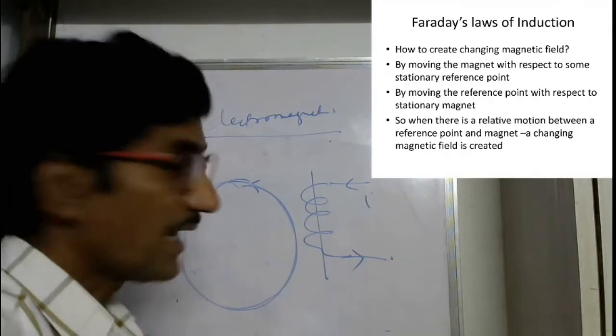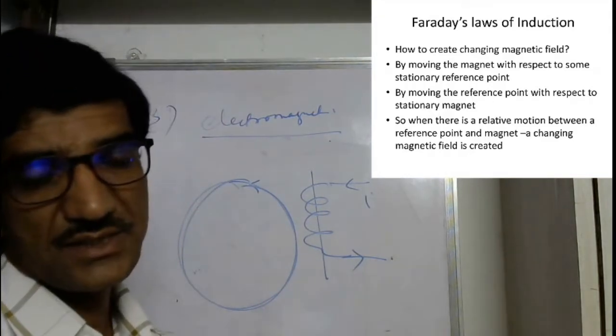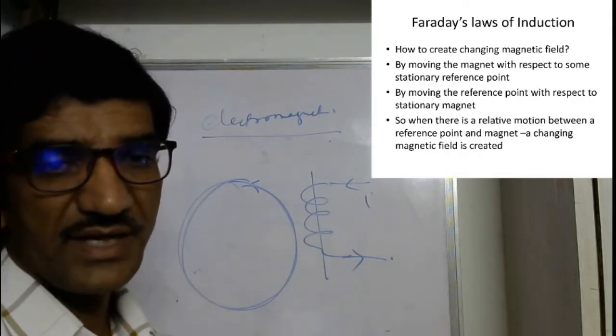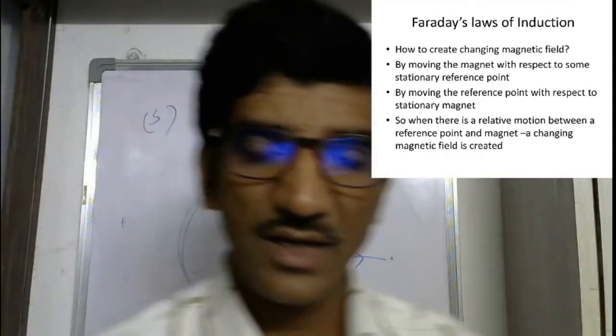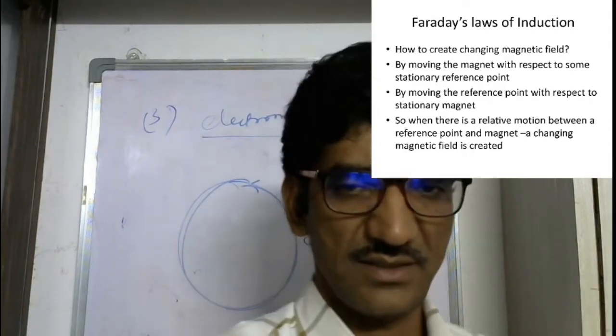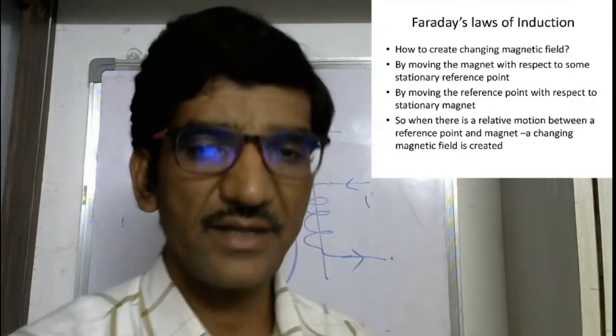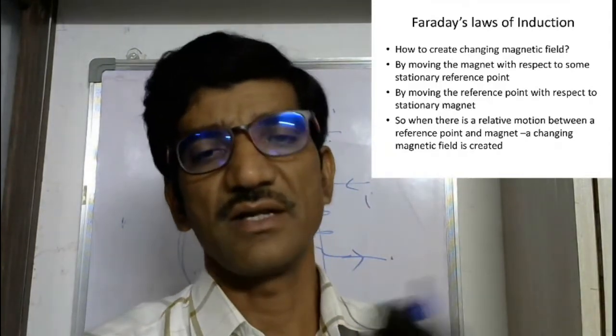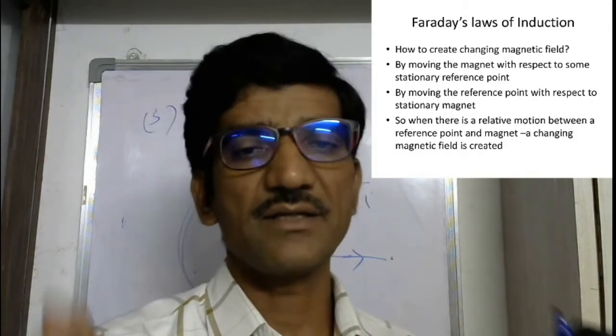In the previous two cases, how do you achieve the varying magnetic field? Either you have to move the reference area or you have to move the magnet. So you have to maintain the relative motion between the reference area and the magnet.